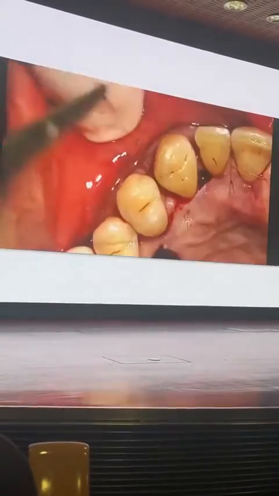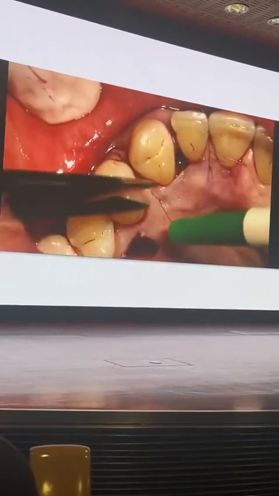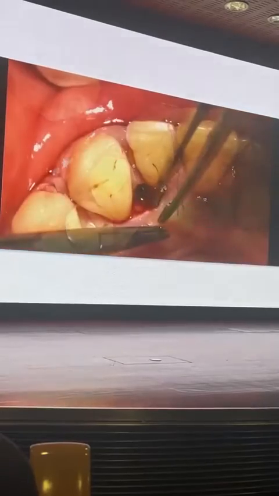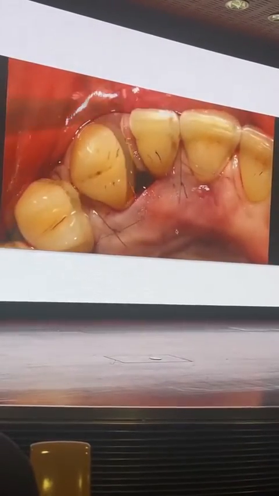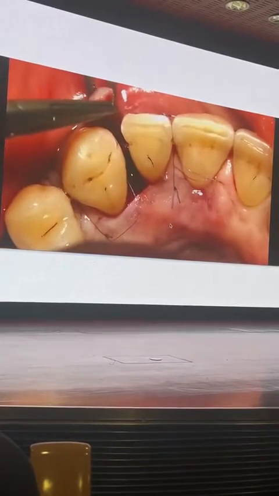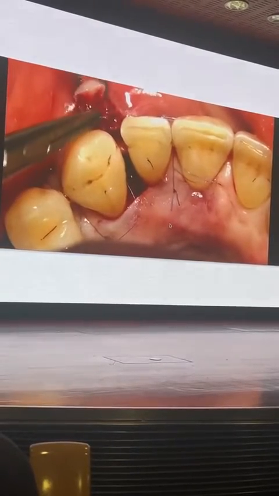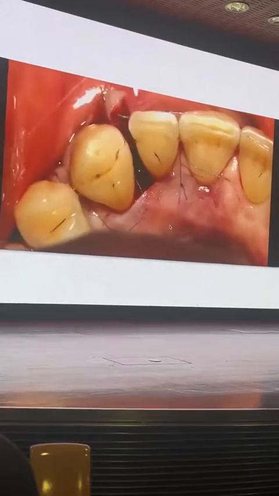Now we complete our coronal advancement of the flap, and the only thing that we have to do at the end is to put back the original bevel incision into the palate with the supracrestal soft tissue. And for this, you see how easy it is. You use a 7-0 suture with a very, very short needle.